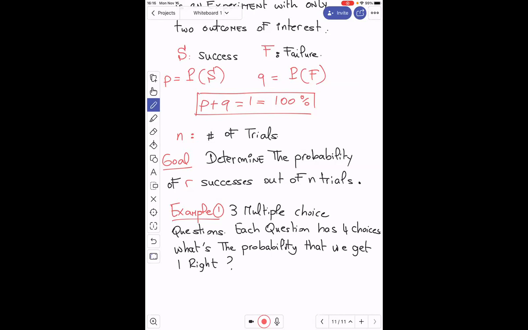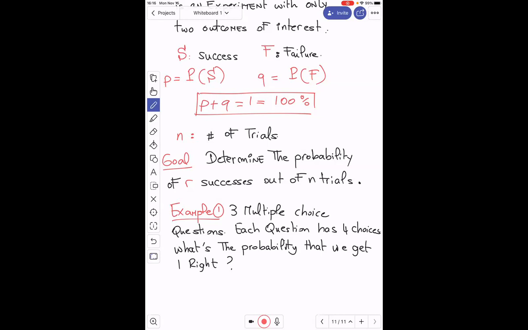When you answer a question, either you succeed or you fail. If you get the right answer, you succeed. If you get the wrong answer, you fail. What is the probability of success when you answer a question? Because you have 4 choices and only one right choice, the probability of success is 1 out of 4.